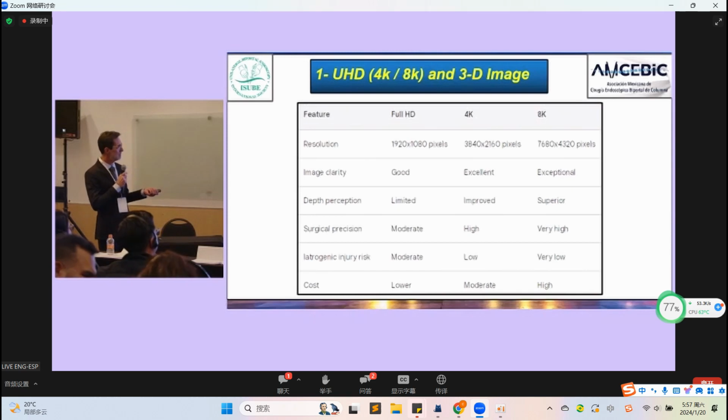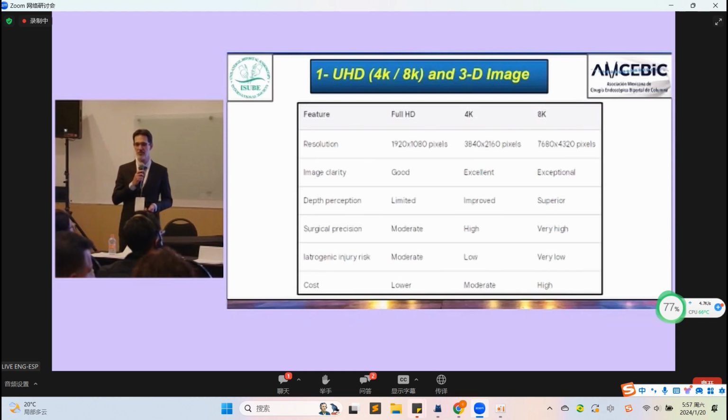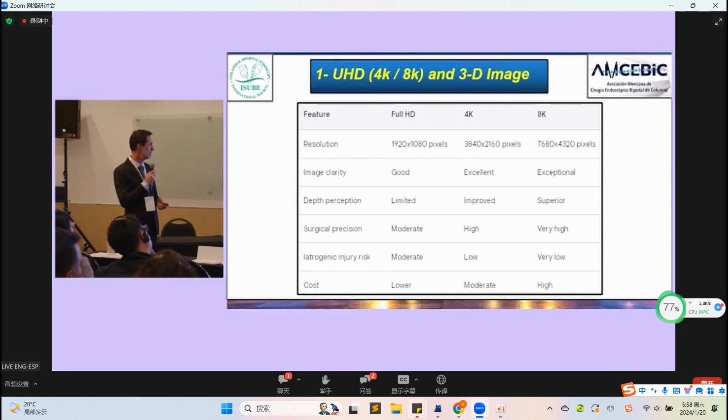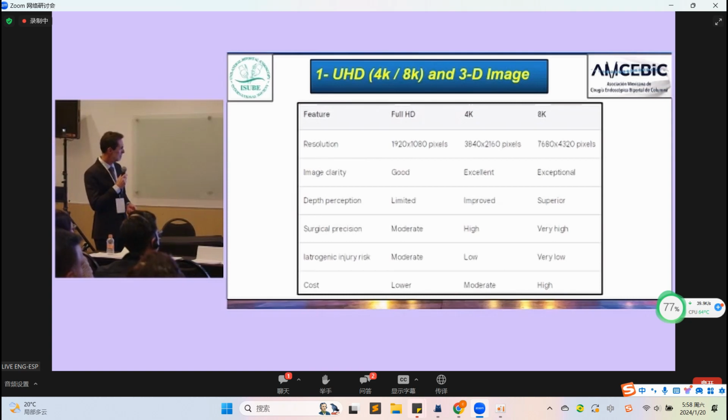In 4K, we have 4 times, and in 8K, we have 16 times more pixels than in full HD. And we can use this image clarity and depth perception, and transform these into surgical precision and reduce iatrogenic injury risk, okay?